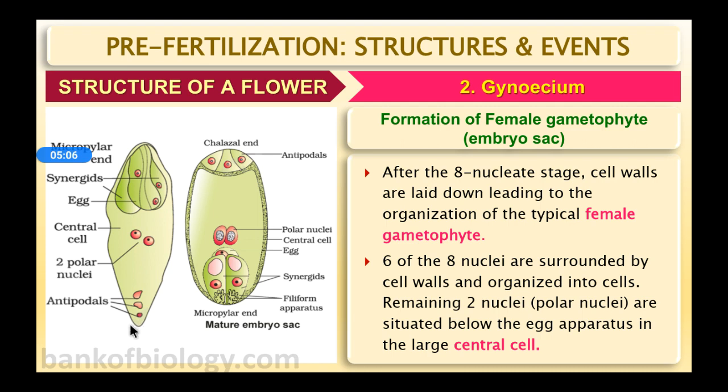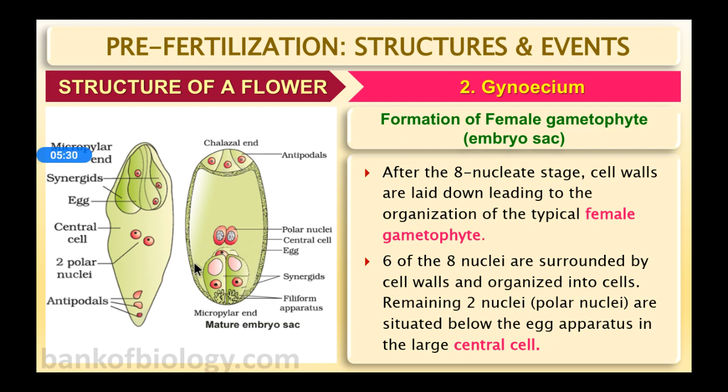The embryo sac is well organized, and it consists of the egg apparatus, the central cell, and the antipodals. So three parts are there, arranged well.